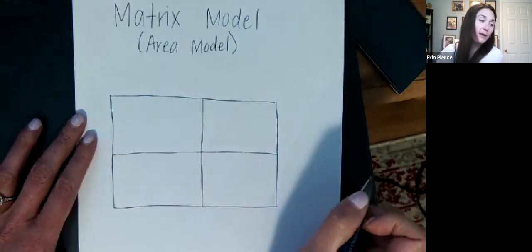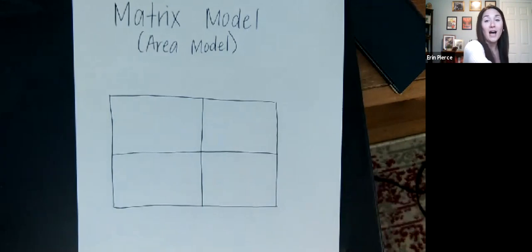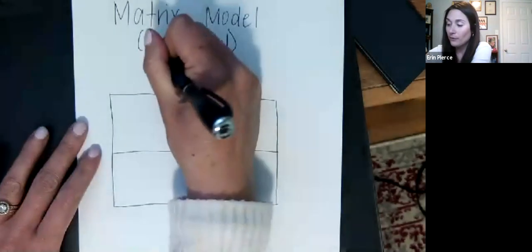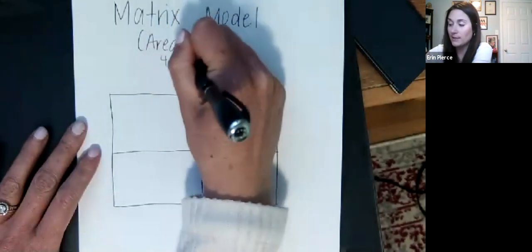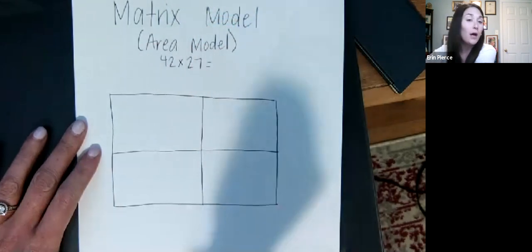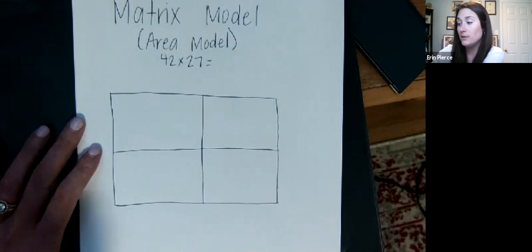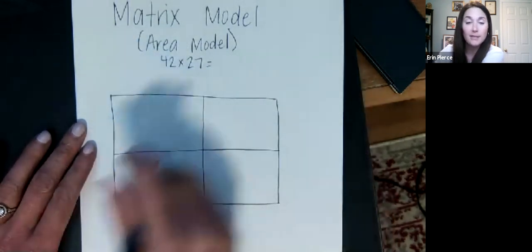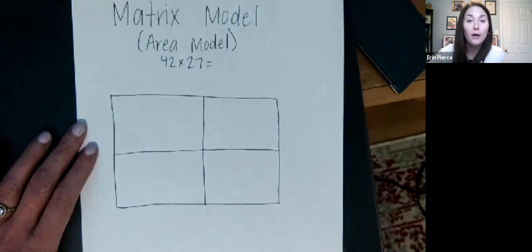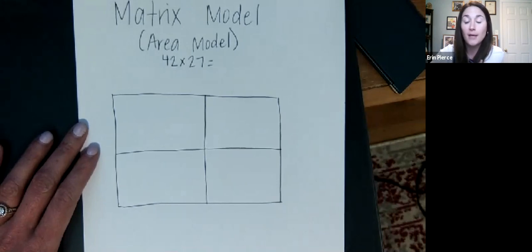The question that they are asking you on number 5 was 42 times 27. 42 times 27 equals, I have to split that up, basically thinking of expanded form.